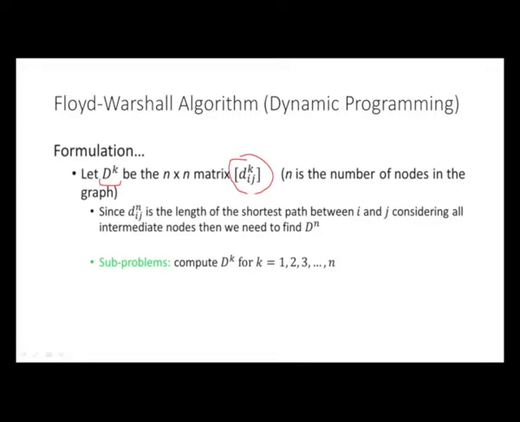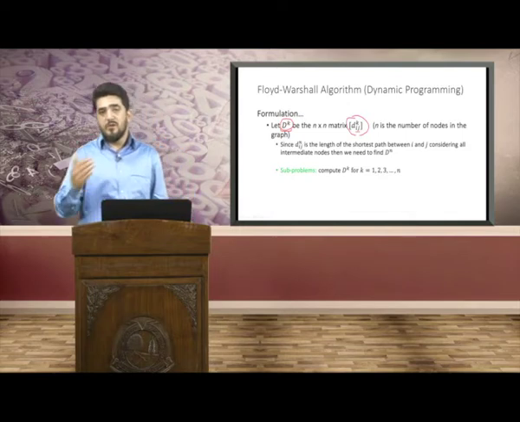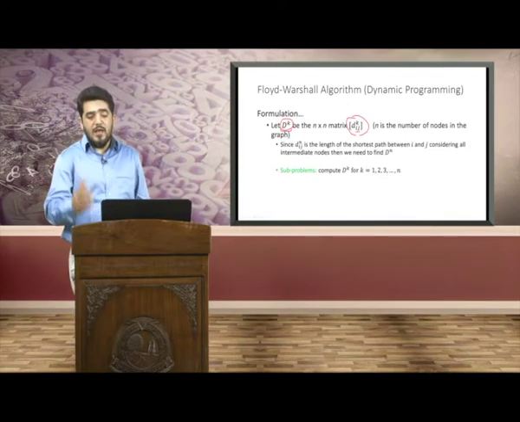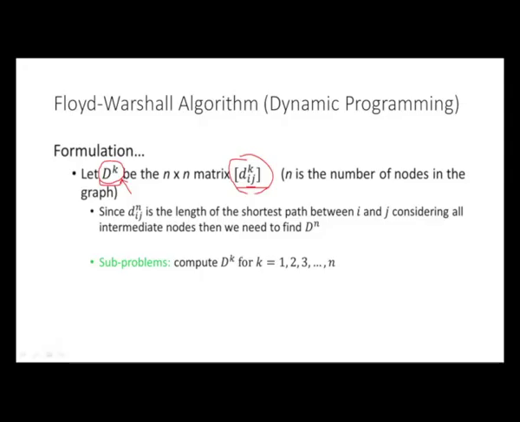So, n is the number of nodes, so for each pair of nodes we will use a two-dimensional matrix represented by this capital D k, wherein each element refers to a pair i and j, from i to j. So, we will have to find, obviously, in order to give a solution to this all pair shortest path problem, we will have to fill in the values for this two-dimensional matrix D of k.